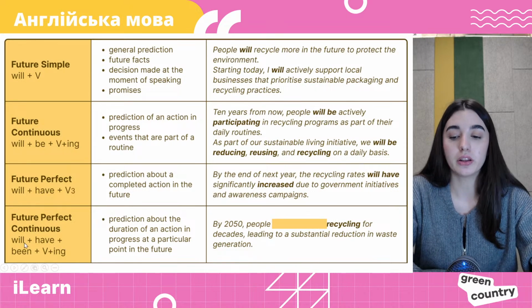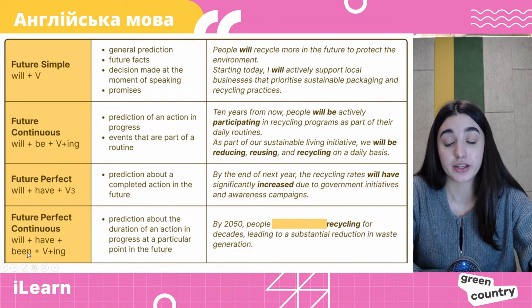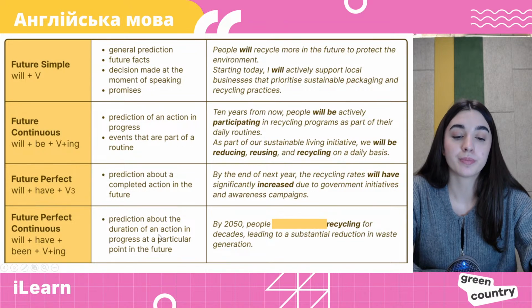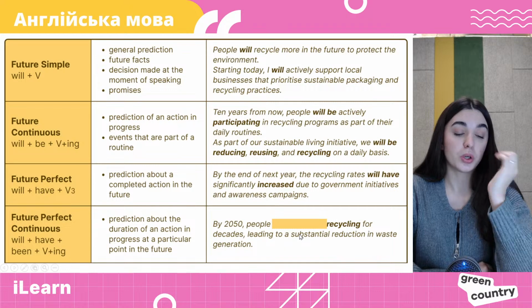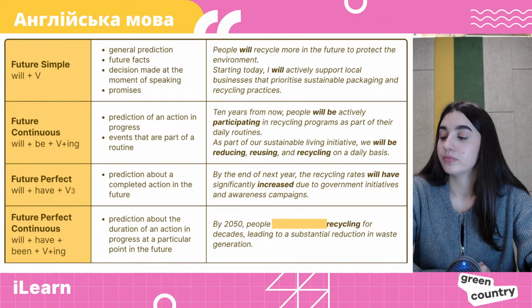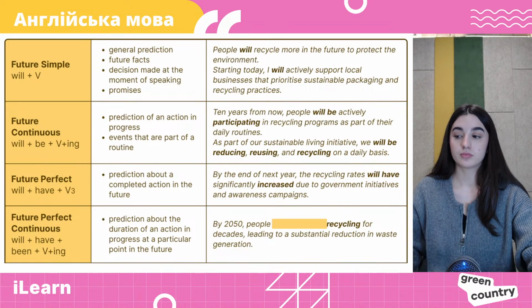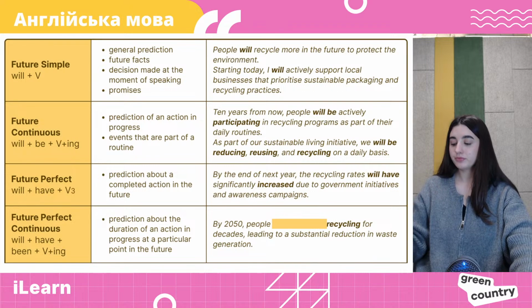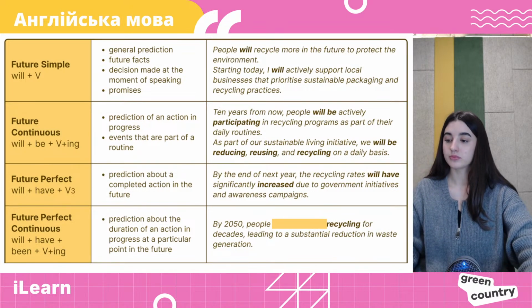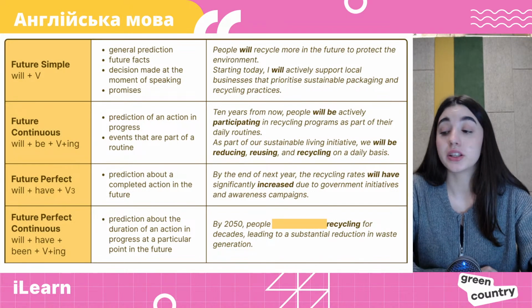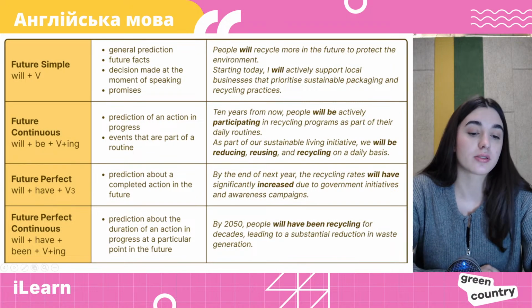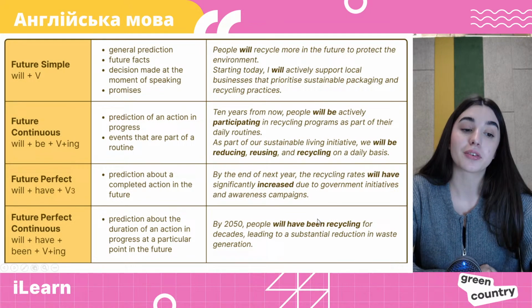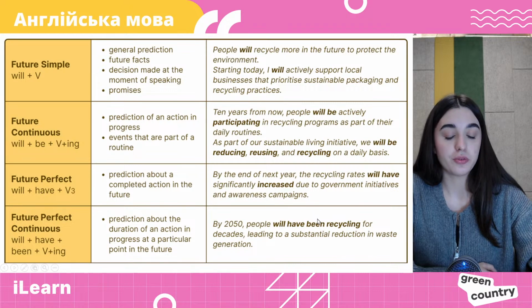We need to use will have been, pay attention, plus ing. And let's complete this gap and see what we have here. Yeah, you had great answers. That is correct. Will have been recycling. Good. Thank you very much.